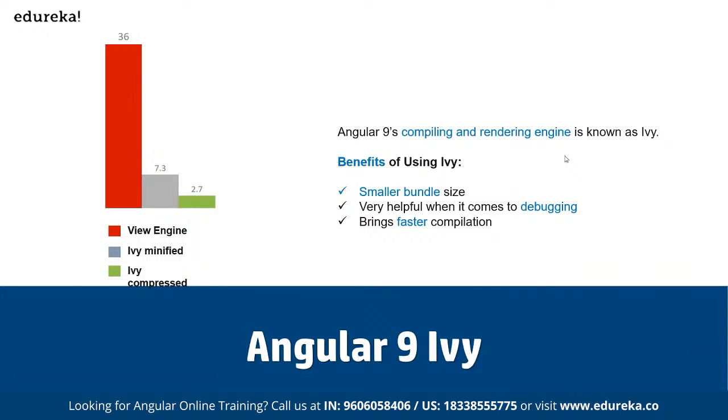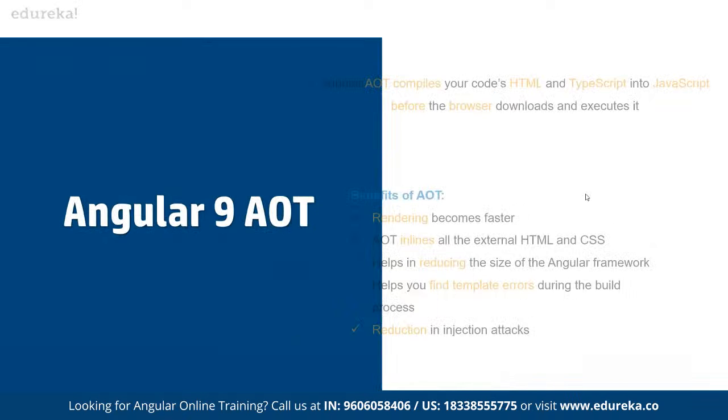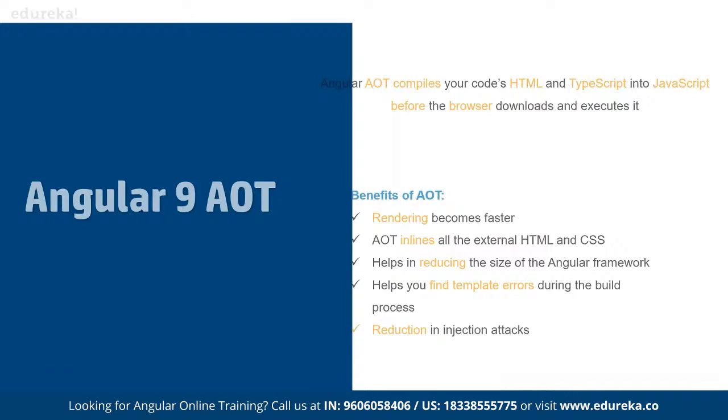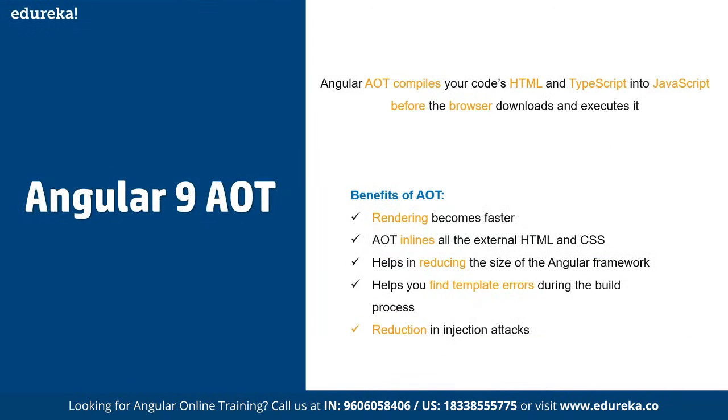Now let's talk about Angular AOT and what exactly it means. The Angular AOT compiler compiles our code's HTML and TypeScript into JavaScript before the browser downloads and executes it. There are multiple reasons why we must use the AOT compiler.